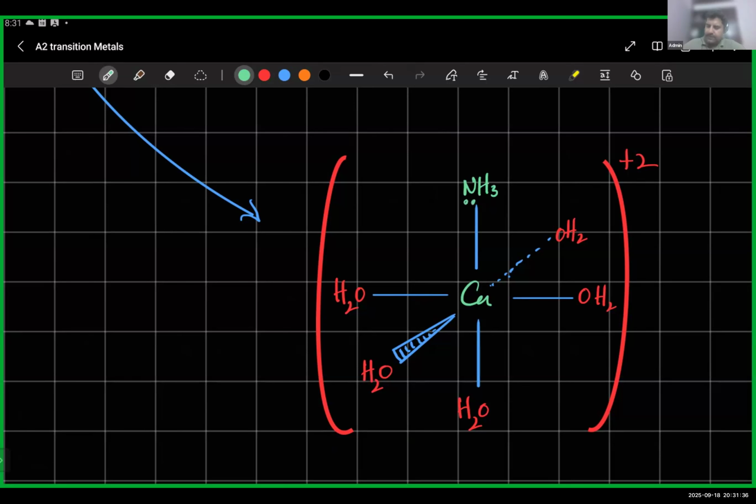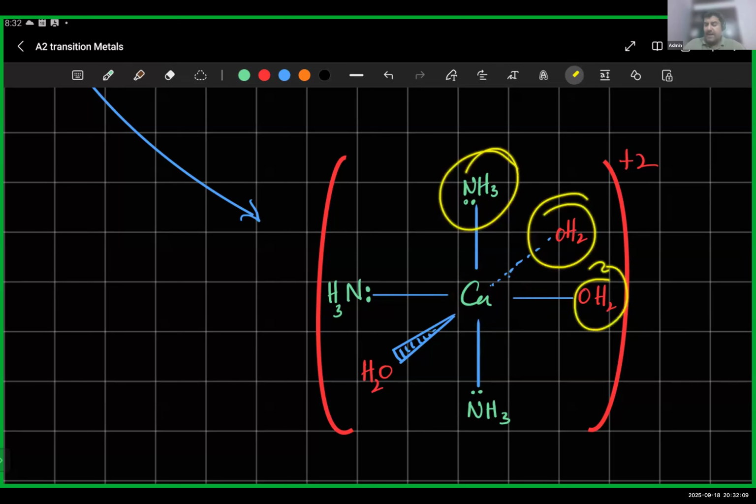Ammonia has lone pairs. With ammonia, there's no specific number because the charge does not change, because ammonia itself is neutral, right? Water is neutral and ammonia is neutral. So a neutral molecule is replacing another neutral molecule, which is why copper was +2 and all the other molecules are neutral, so it remains +2, which means that it will continue to attract ligands. So there's no upper limit to it.